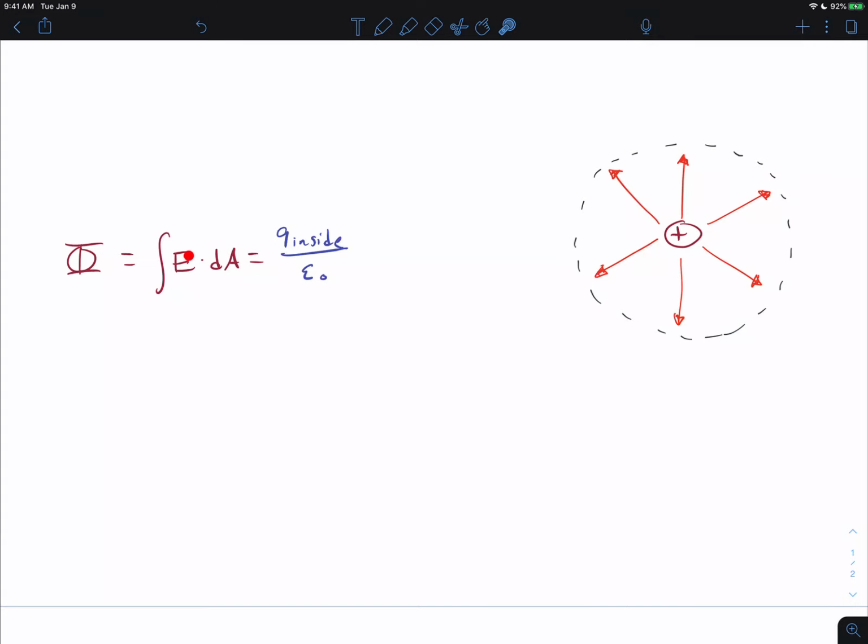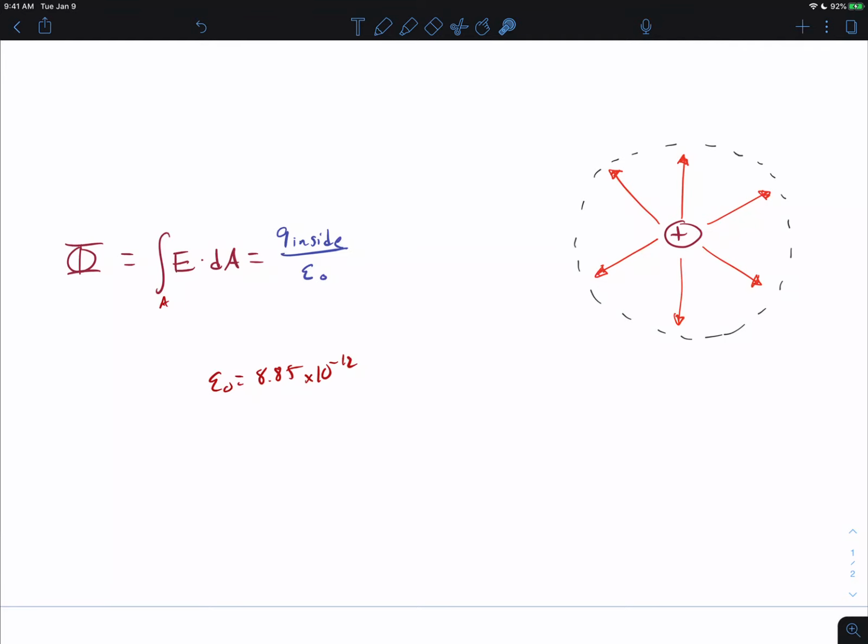So in this case, all we do is we take the integral of all the field that's going through any unit area, okay? And we do that over the entire surface, over my entire area, and then this should actually equal just whatever charge is inside divided by my epsilon naught. And remember, guys, that my epsilon naught is 8.85 times 10 to the minus 12, right?